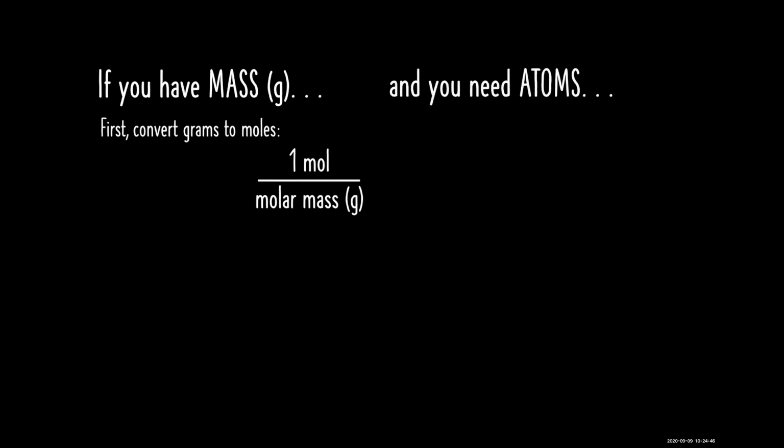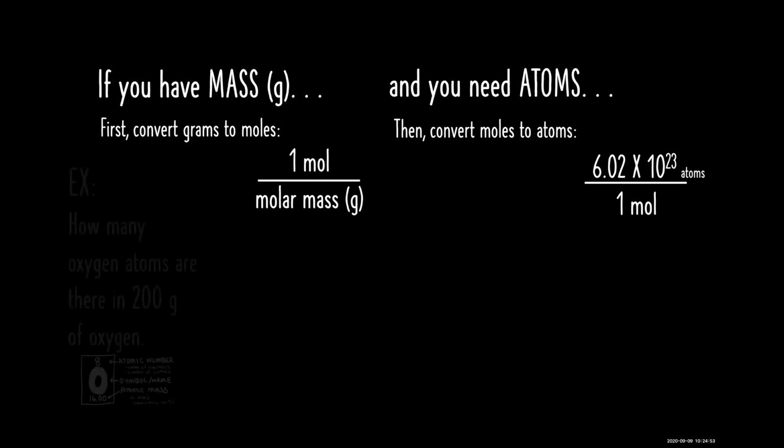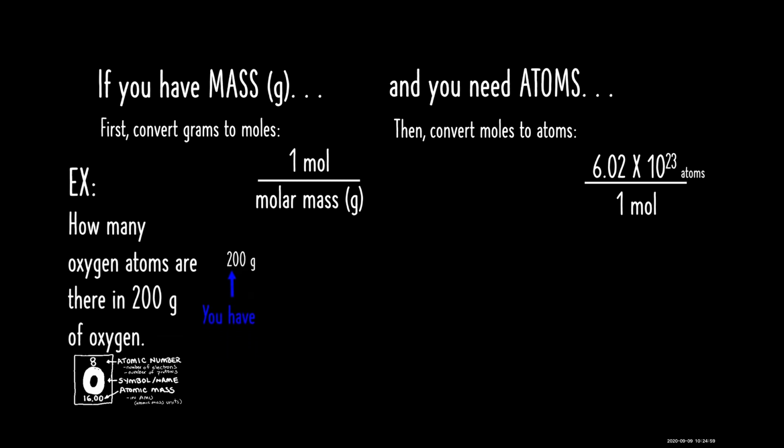If you have mass and you need atoms, first convert grams to moles using this conversion factor, and then convert moles to atoms using this conversion factor. So for example, how many oxygen atoms are there in 200 grams of oxygen? Well, you have 200 grams and you need atoms.